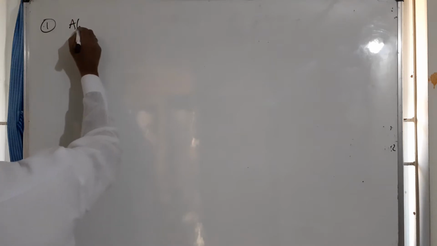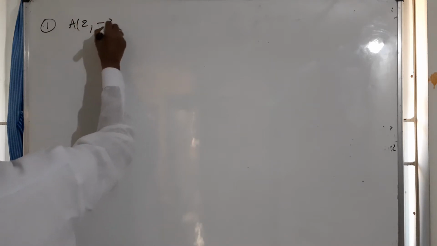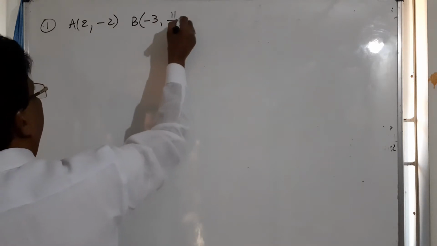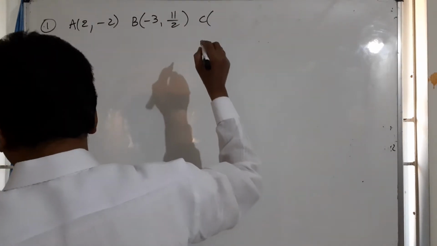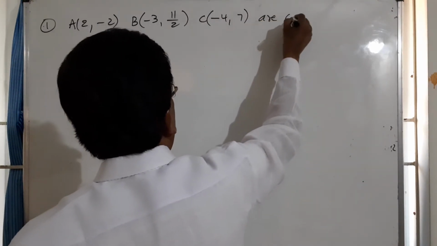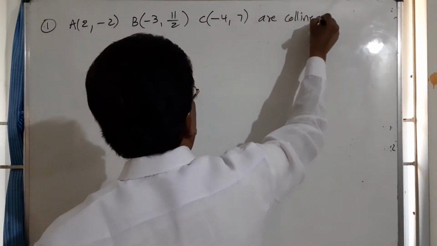A (2, -2), B (-3, 11/2), C (-4, 7) are collinear points.